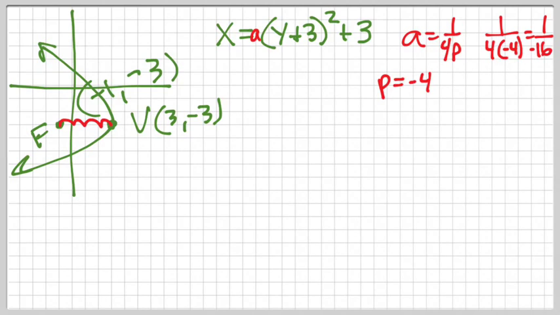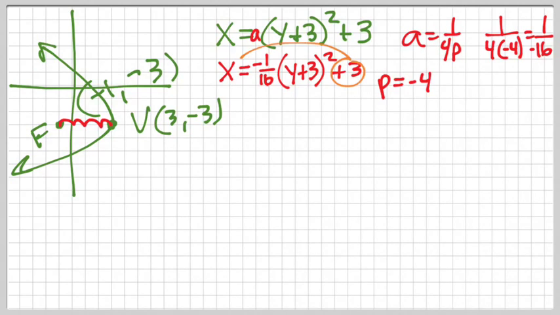So that's the new a. So x equals negative 1/16 y plus 3 squared plus 3. All right, we're going to move the 3 over. And so I would have x minus 3 equals negative 1/16 y plus 3 squared.